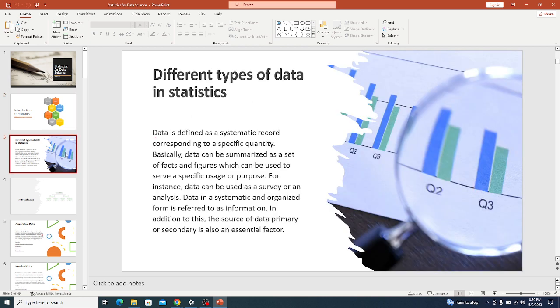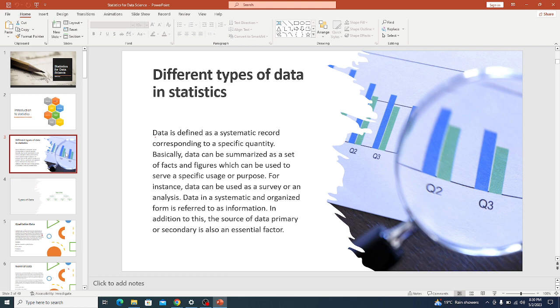So in statistics, we usually have different types of data, and we usually have two major types of data, that is qualitative and quantitative, which are further subdivided into different categories.